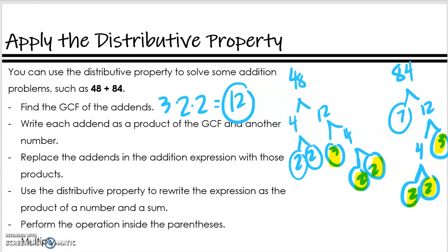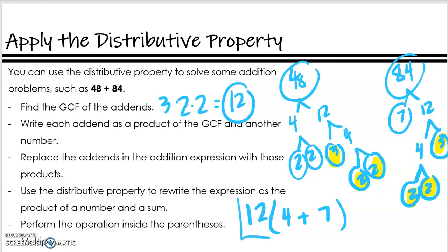Write each addend as a product of the GCF and another number. Here's what that means. This is a lot of steps. But 12 is the number I can pull out. And inside the parentheses, I'm going to leave what 12 multiplies by to give me 48 and to give me 84. I know 12 times 4 is 48, and 12 times 7 is 84. So here's my distributive property problem right here.